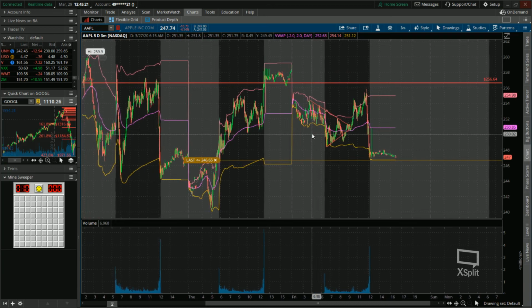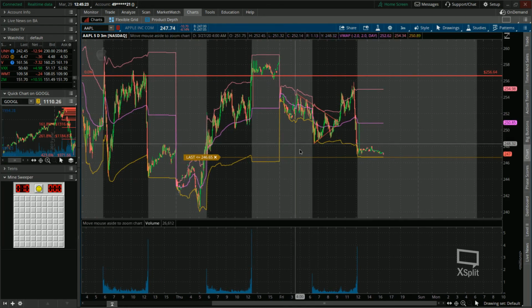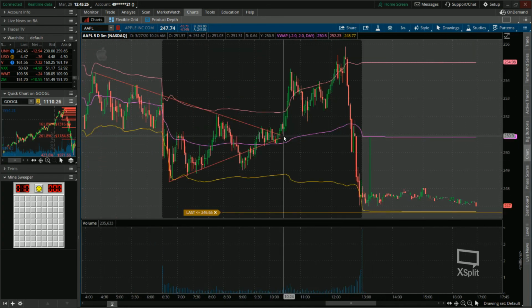Here we go. This is just VWAP. This is all this is. This is literally just VWAP, so I like using VWAP.